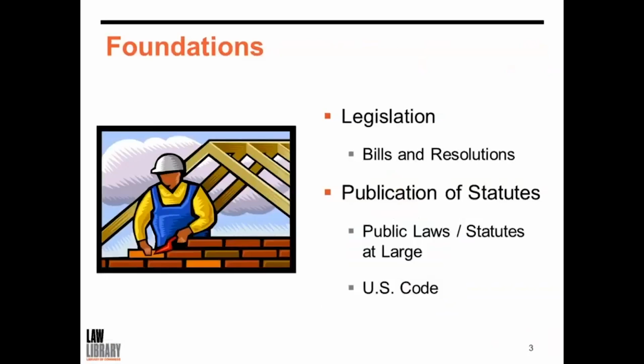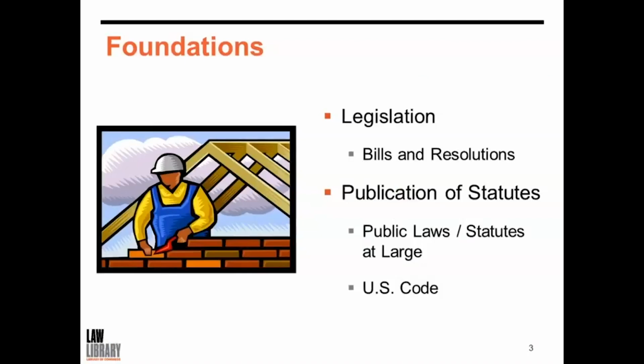So as I just mentioned, this class will cover federal statutes, which are the laws that are created by the United States Congress. Laws start as bills and resolutions that a member of Congress proposes should be a law, and this is called the legislative process. Once that bill or resolution is enacted, it's referred to as a statute, okay?